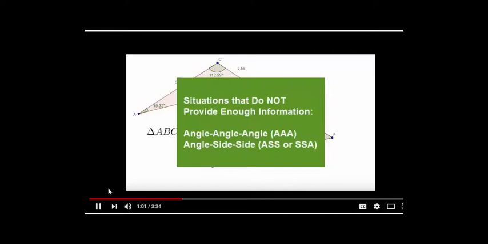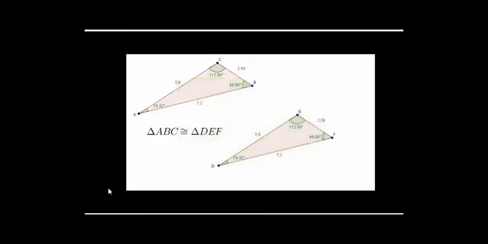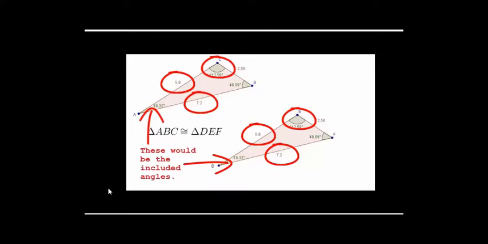And one of these situations is the angle-side-side situation. In other words, a situation where you know that 2 sides are congruent, and you know that an angle is congruent, but it just so happens to not be the included angle. So let's explore this situation.